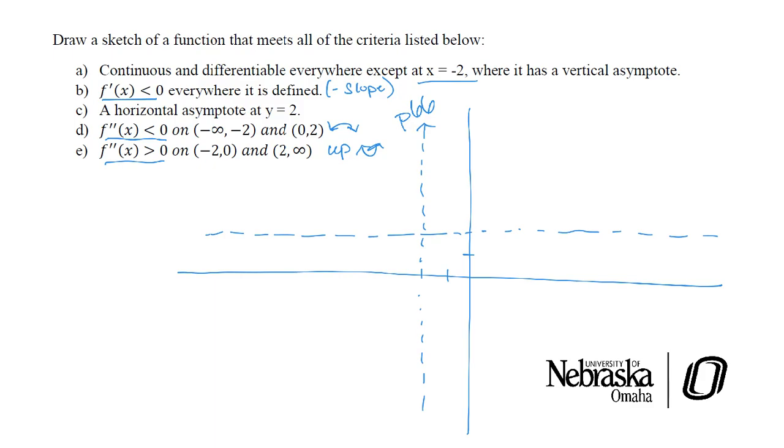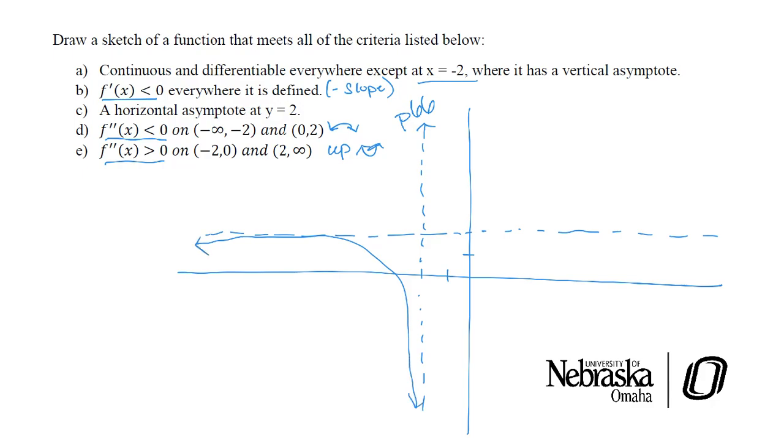So there are no maxima or minima values given to us, right? Because the derivative is negative everywhere. And then we have concave down from negative infinity to negative 2. So let's look at that first. So we're concave down here.